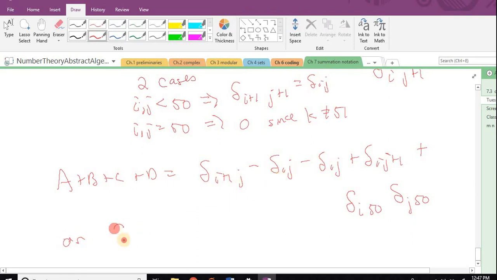So that would be the same as delta I plus 1j minus 2 delta ij plus delta I j plus 1. And then you say plus delta I50 delta J50.